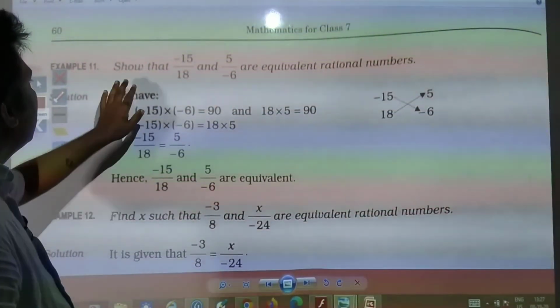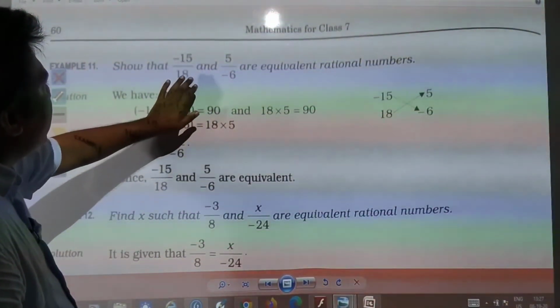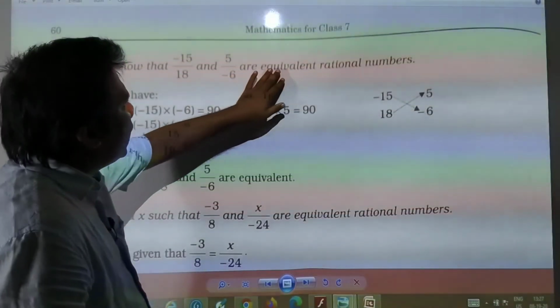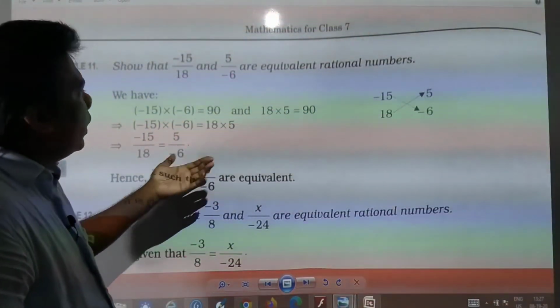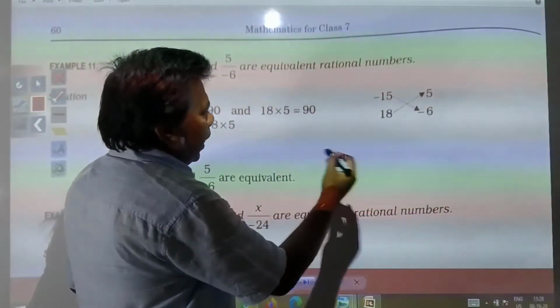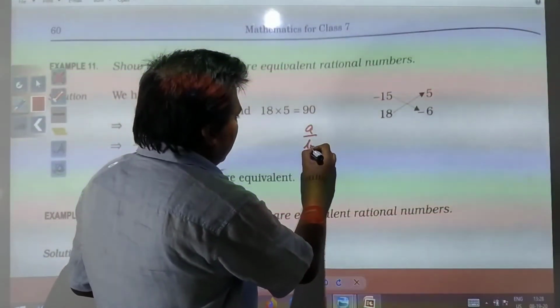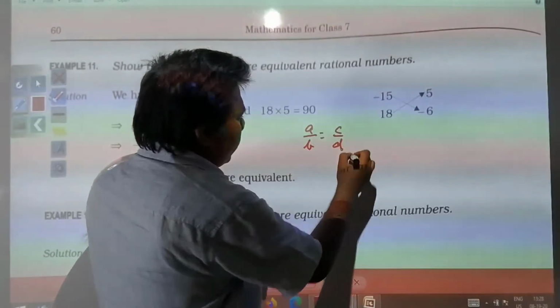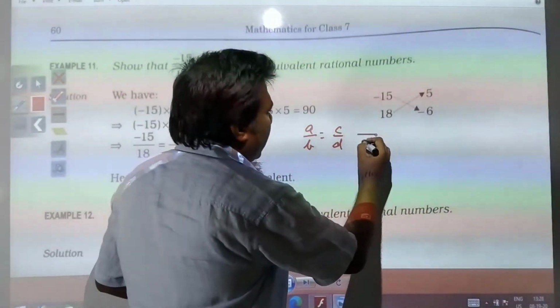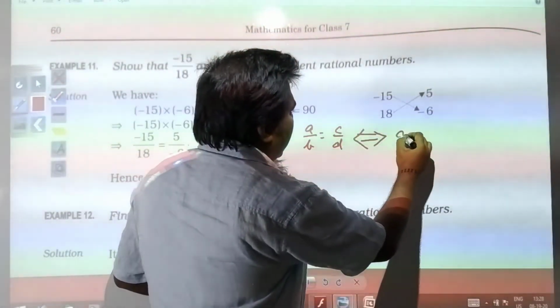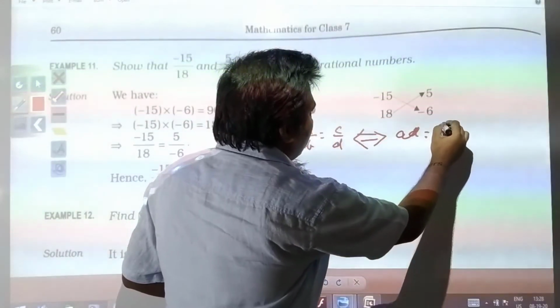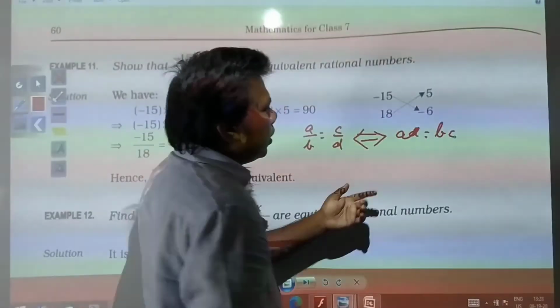Here you see, show that minus 15 by 18 and 5 by minus 6 are equivalent rational number. So same thing is required to be done. As we have learnt now, a by b is equal to c by d. If you have, it can be written as a into d is equal to b into c.